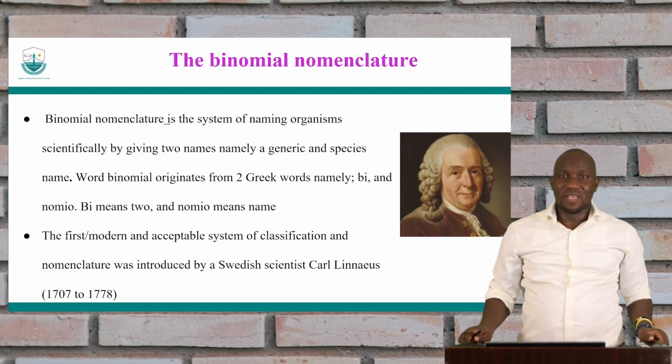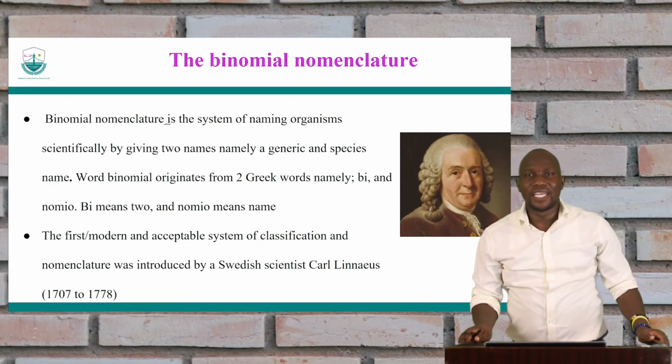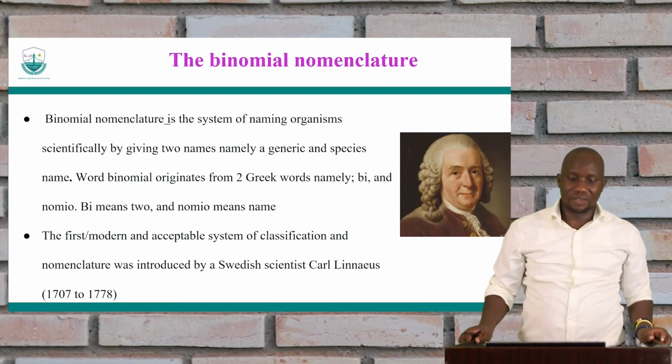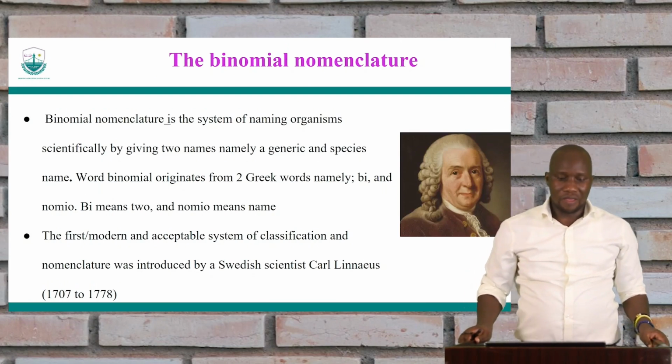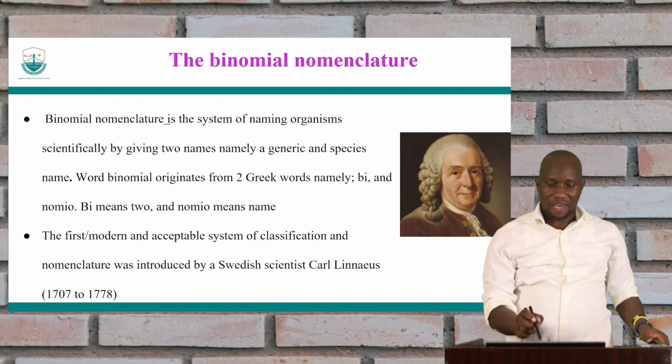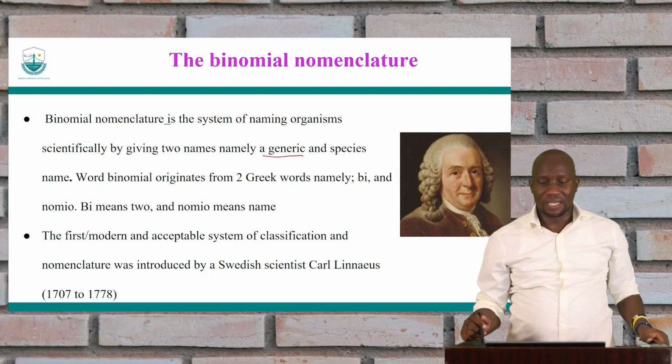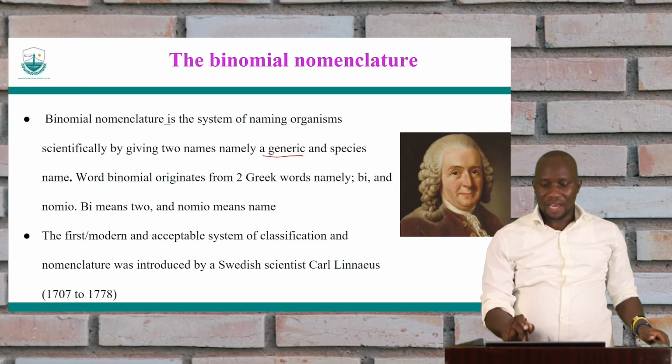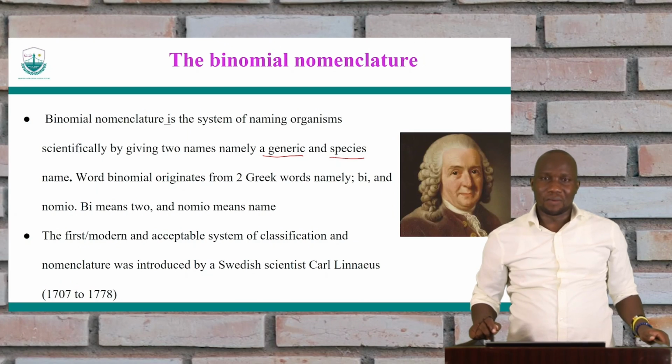Nomenclature is about naming organisms. So when we talk about binomial nomenclature, we're talking about a system of naming organisms scientifically using two names. One name is for the genus, what we call the generic name, and the other name is for the species.